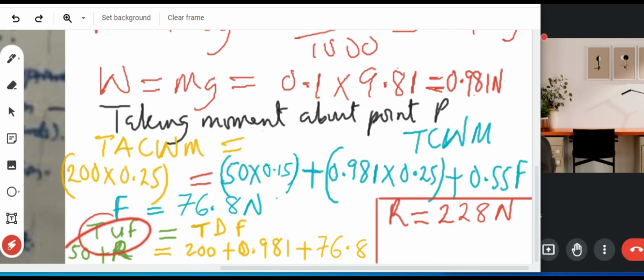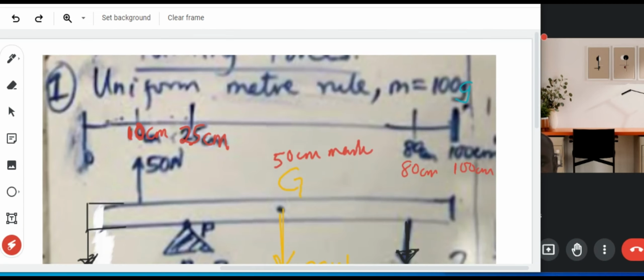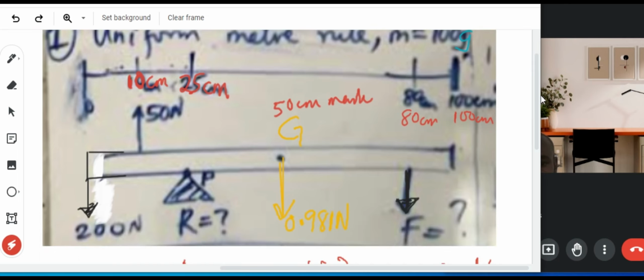It's always better to write these things out. For lack of space, I have used abbreviations. And the upward forces are 50 and R, as you can see.